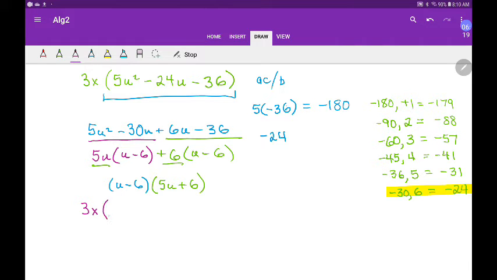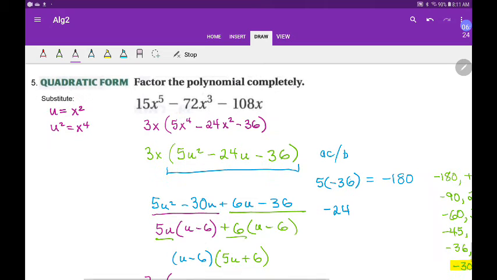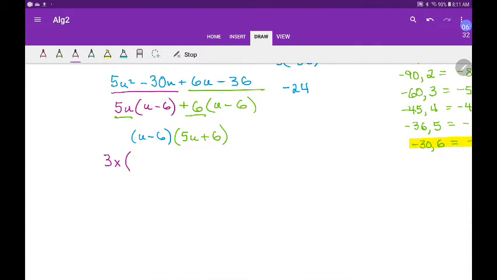We had 3x out in the front. Now remember, u is equal to x squared, right? All right, so let's go ahead and write it that way. We'll say x squared minus 6, and 5x squared plus 6. And then we think to ourselves, is this a perfect square?